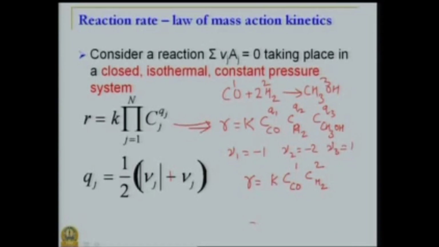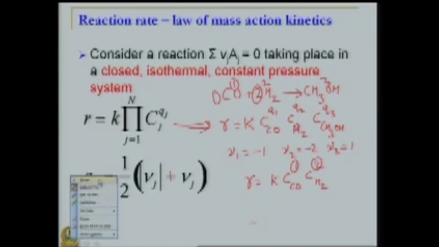Let me repeat that. In law of mass action kinetics the orders are the same as the stoichiometric coefficients or corresponding nu j's, and for a product it is 0.